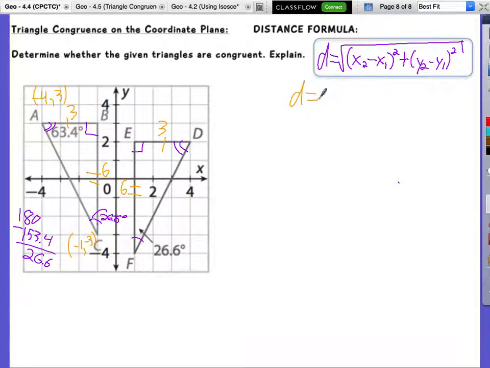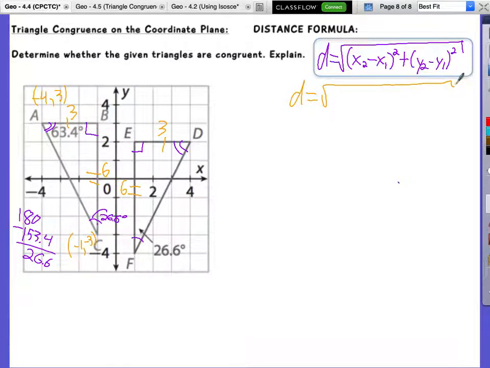If E and D are the same length as A and B, and B and C and E and F are the same length, they're going to make the same thing. We would know that later. We're going to learn that actually Friday and Monday, because of the angles and the sides combined. We can know that, but for what we know right now, we can't. So we're going to go the long way, and then we'll learn that you're right in a few days. You can't know that right now.